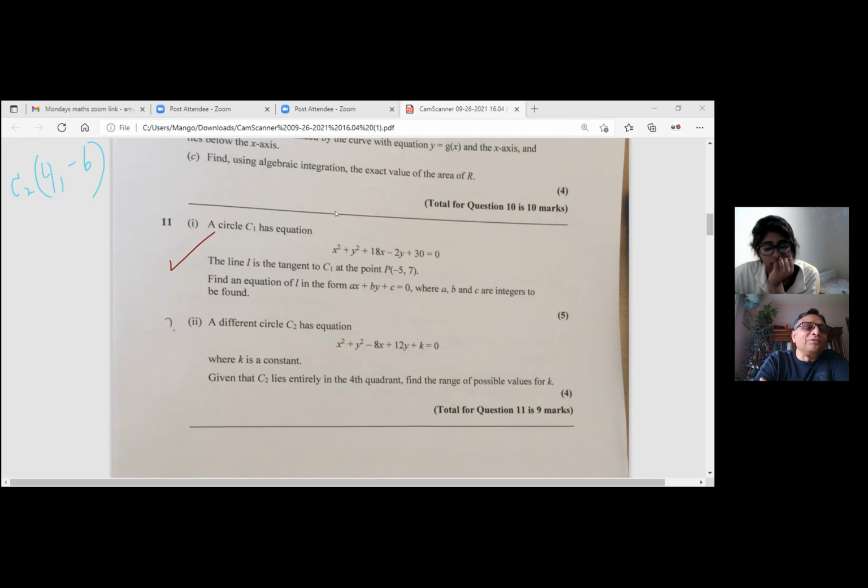We don't know the radius because the k value is not known to us. That is the thing. So it says a different circle C2 has this equation where k is a constant. Given that C2 lies entirely in the fourth quadrant, find the range of possible values of k.